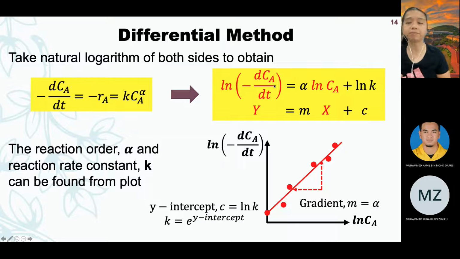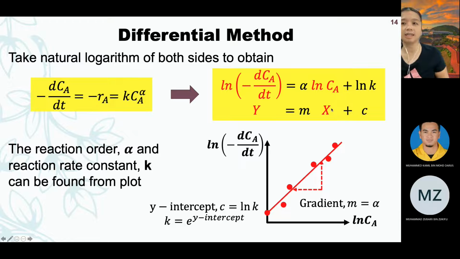Ataupun arti kata lain, from data eksperimen tu, yang saya ada CA dengan time tu, saya kena convert dulu dalam bentuk ln in bracket minus dCA per dt. Okay, tak apa, kita akan belajar shortly, but at least now kita tahu this will be my y-axis data. Okay, so settle. So, pergi tengok belah kanan pula.